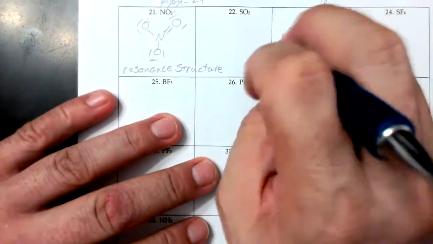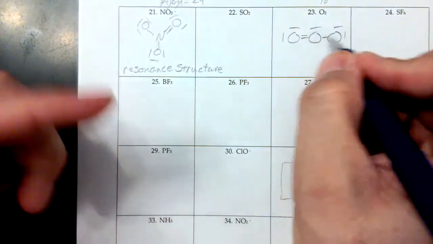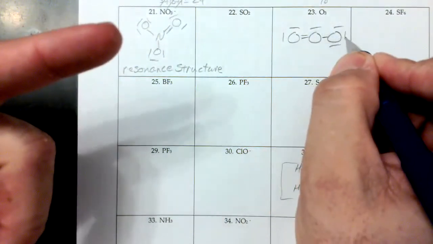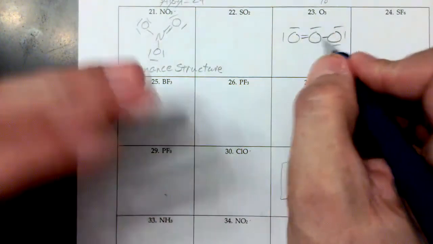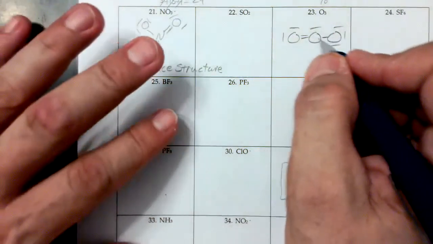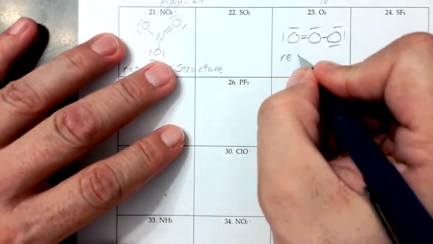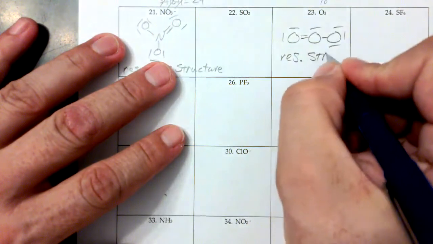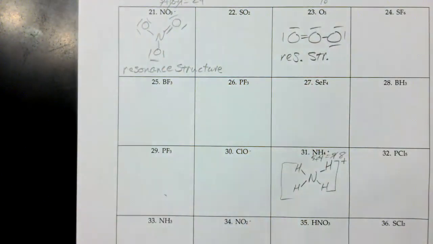I'm going to pick the bottom for no good reason. And I'm going to steal that one and put it in here. But really, it's stealing like half of this one and half of that one or something like that. But instead of writing out both versions, I'm going to say pick one, steal from it, put it in the middle, and then tell me it's a resonance structure so that I know that you know that really it's partial double bonds in both directions.